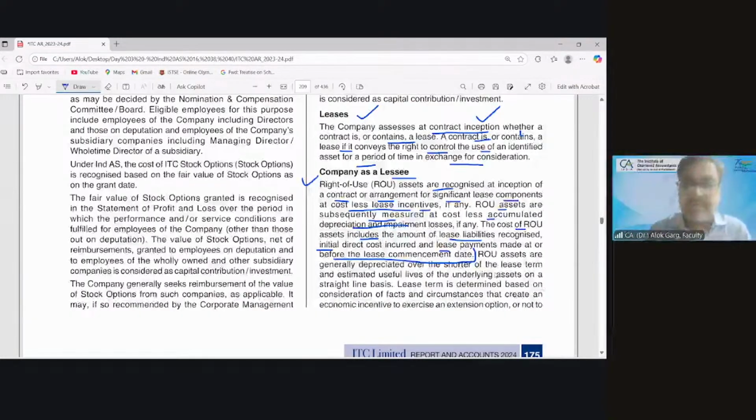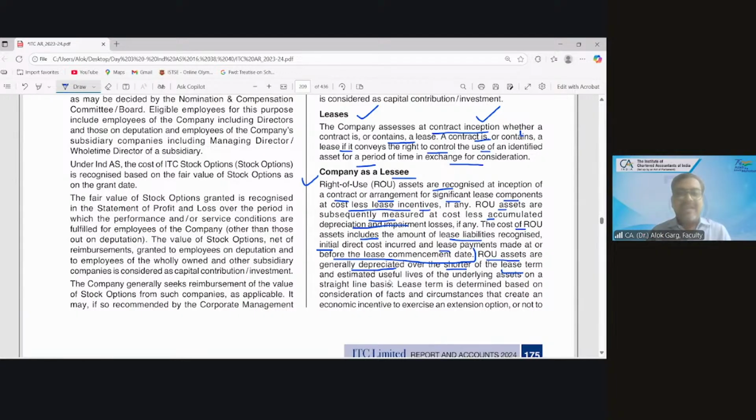Okay. Then it is written, ROU assets are generally depreciated over the shorter. Now it is talking about depreciation period. You remember depreciation period. It is also written here. Your ROU is going to be depreciated over the shorter, means lower. Lower of what?